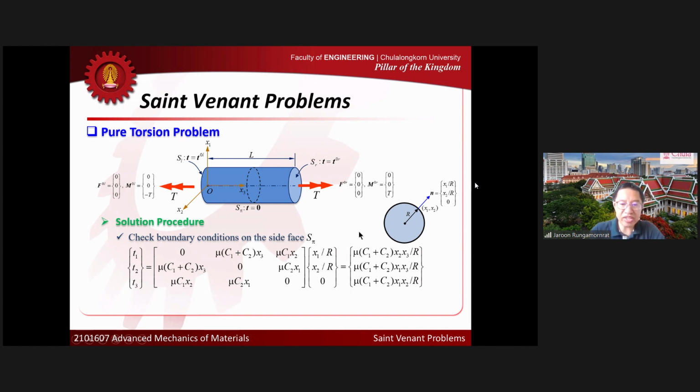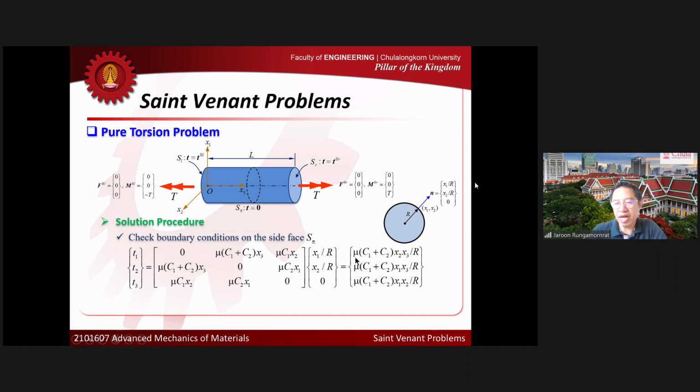Now, we know that the traction on the side face needs to be 0. All the components have to be 0, right? If we take a look at the form that we got here, T1, T2, and T3 are not 0. They can be 0 only if C1 plus C2 is 0, right?